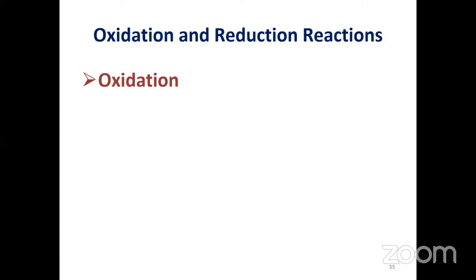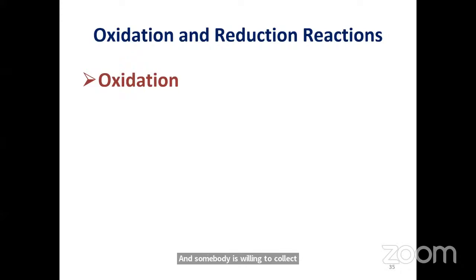What is oxidation? There are different ways we can define oxidation. You see, oxidation and reduction, when you try to visualize it, it's like somebody wants to give out something, and somebody is willing to collect.